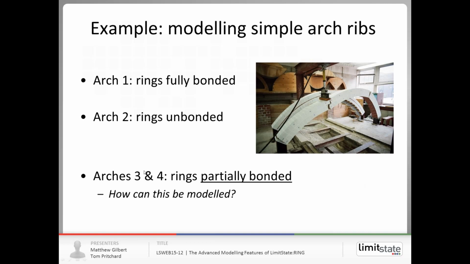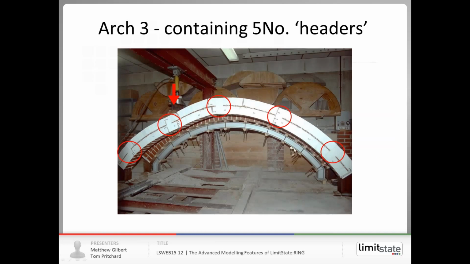Okay, so in fact, if we go straight to the partially bonded case, just so you can see what I'm talking about, what we actually had, certainly in the case of arch 3, was a case where we had headers only placed at a limited number of positions in the span.